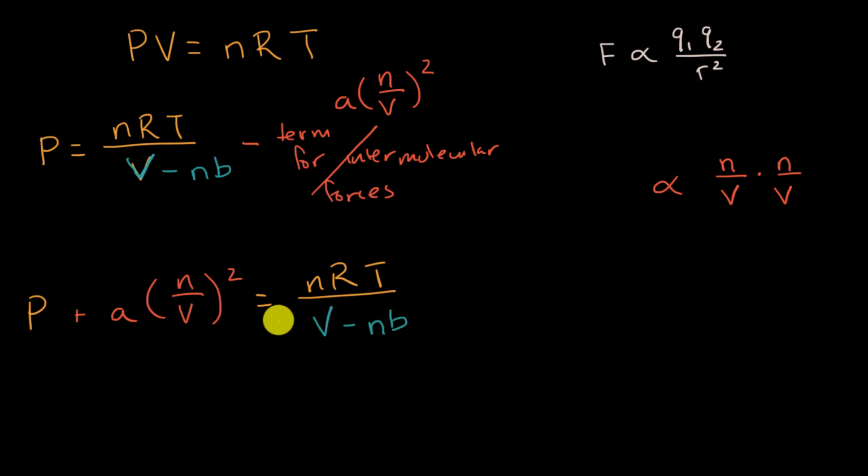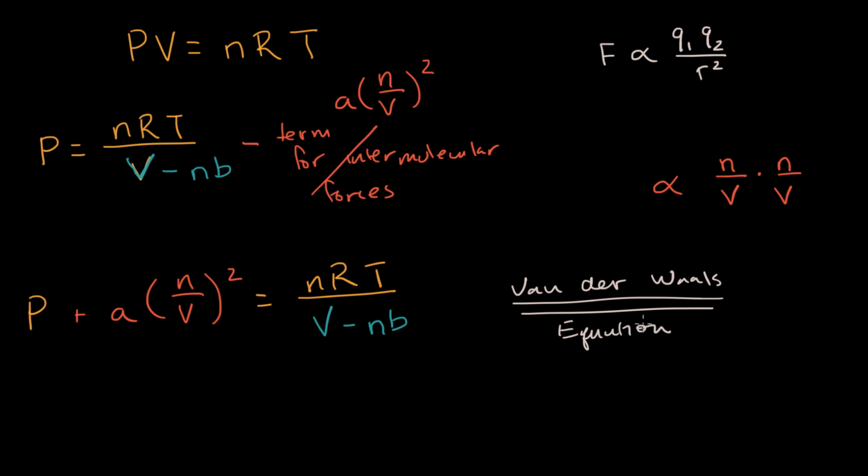This right over here is a pretty good compensating equation for when we're dealing with more real gases, ones that have intermolecular forces, and ones where the actual particles have volume. And this actually does a pretty good job, and there's a name for it. It's called the van der Waals equation.